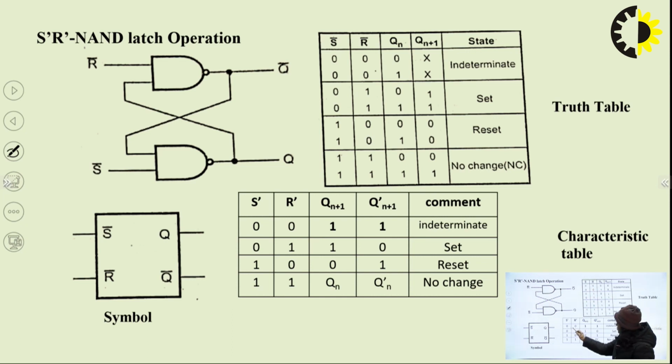For 0, 0, the output is indeterminate. For 1, 1 there is no change. If S bar is 1, the output is reset, and if R bar is 1, then the output is set. It is just the reverse operation of S and R in the NOR latch. In place of S there is S bar, and in place of R there is R bar.